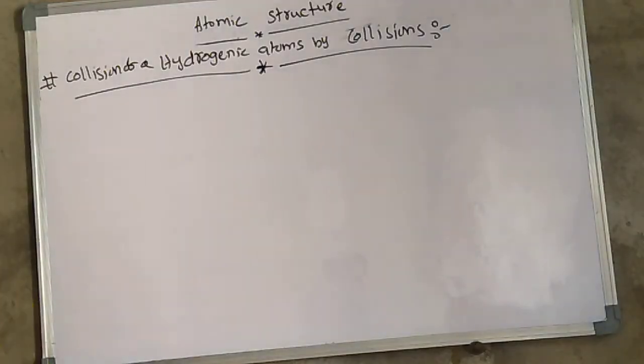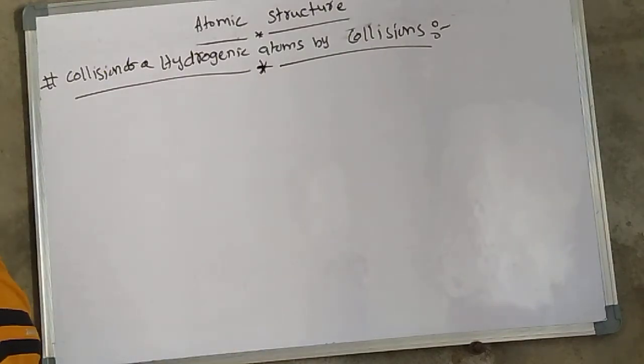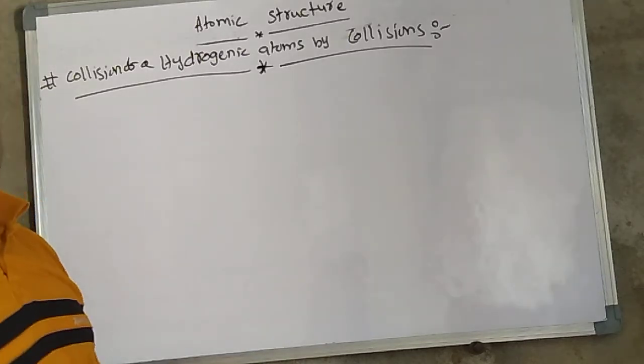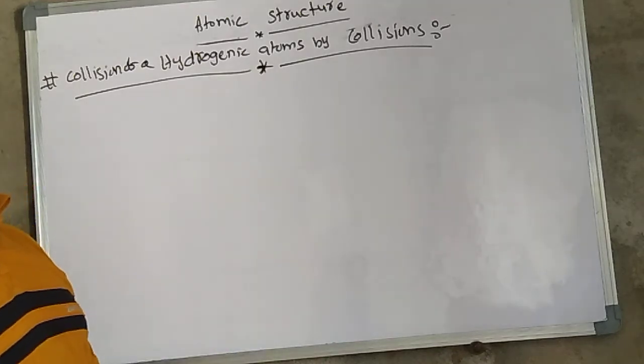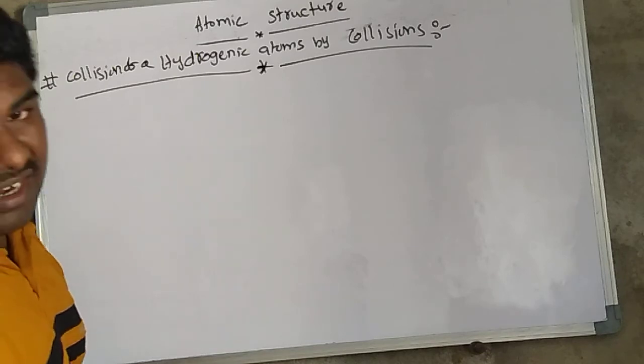Another important one: already in the previous sheet we discussed two types of collision. One is the collision with hydrogen atoms, like electrons. Next we are going to discuss collision with another particle.